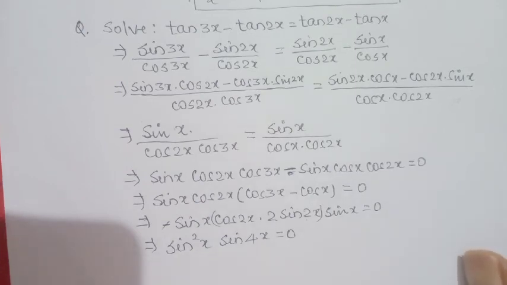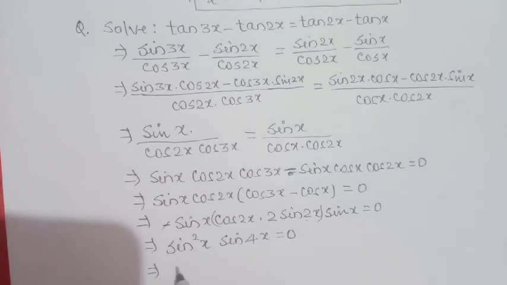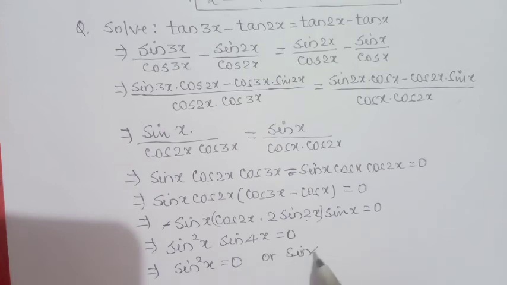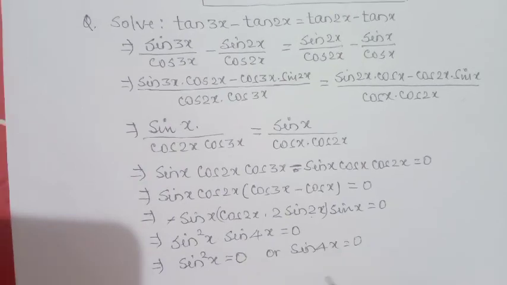Now see, the product of two terms is 0, which is possible only when sin square x is equal to 0 or sin 4x is equal to 0.